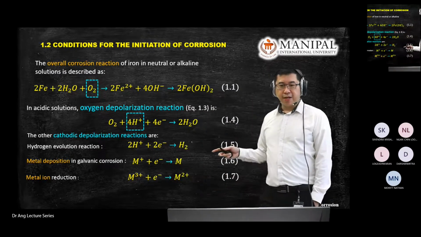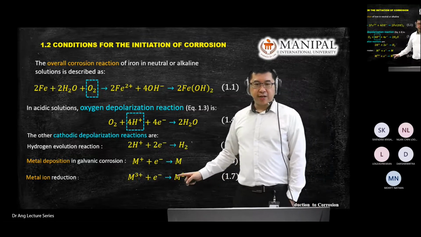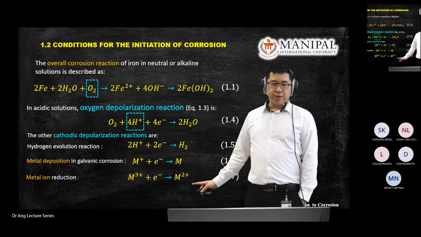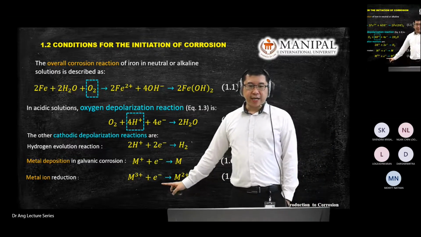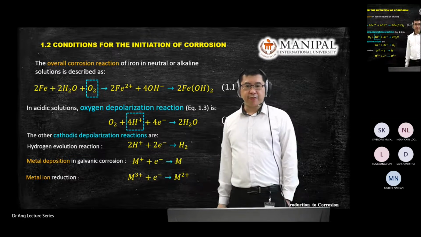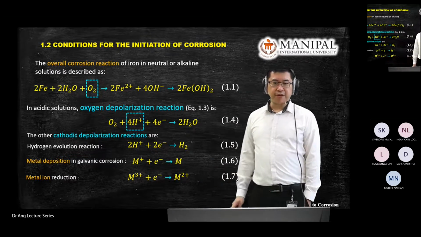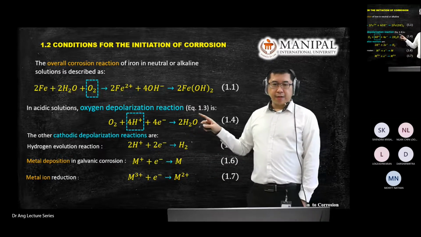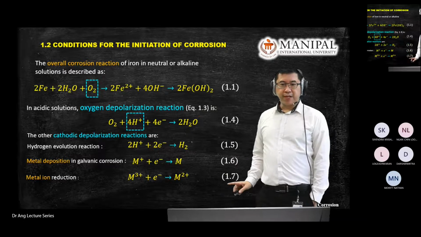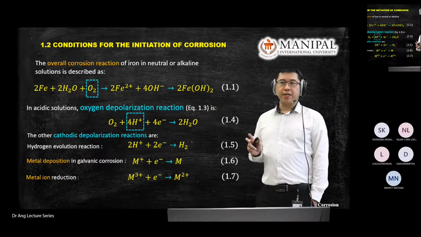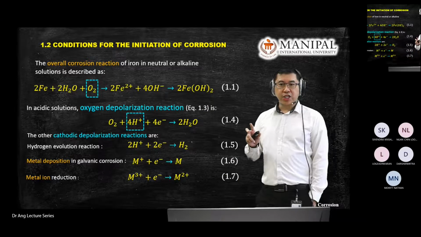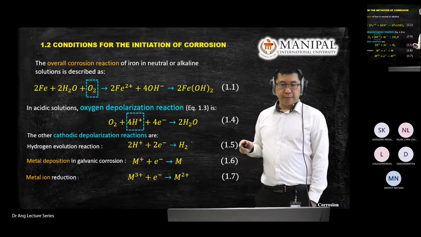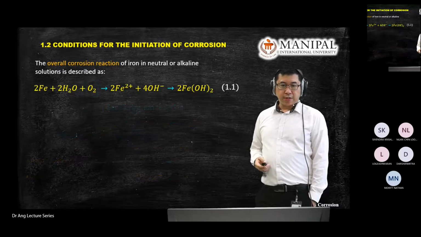In your mind, you should understand that every time your lecturer mentions metal ion reduction, it means negative charge combines with the positive ion, and you get a less positive one. So equations 1 until 1.7 are a concept, an introduction of the technical terms that we will use in the following classes.